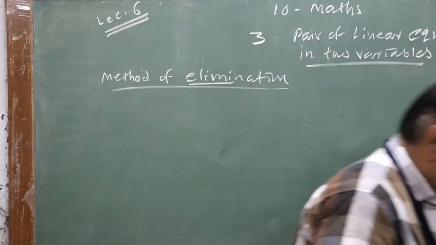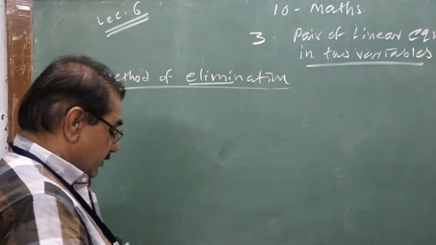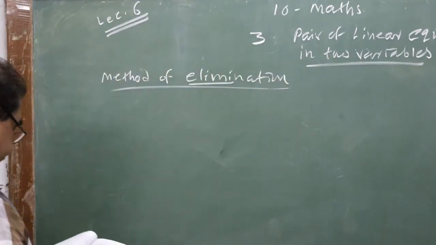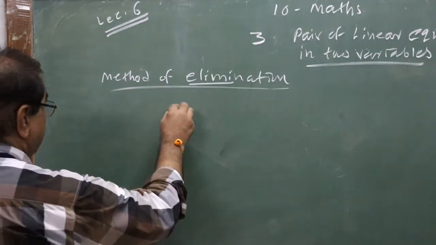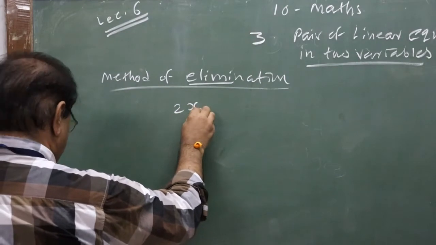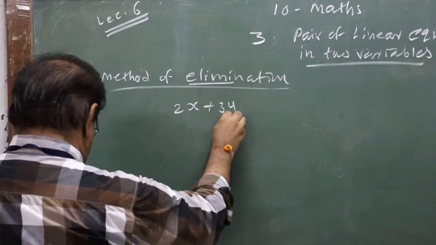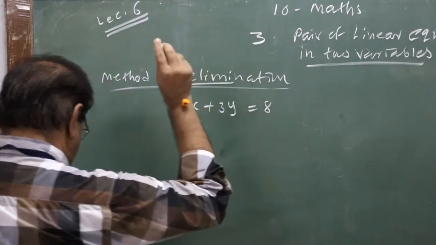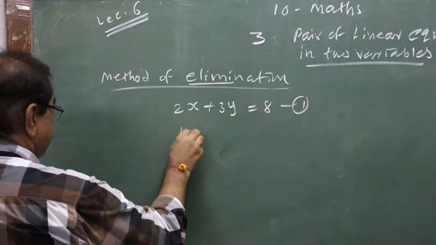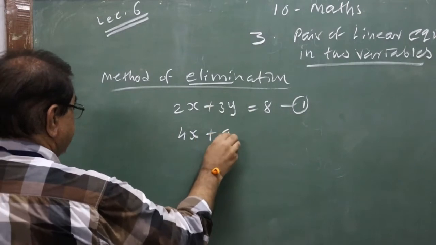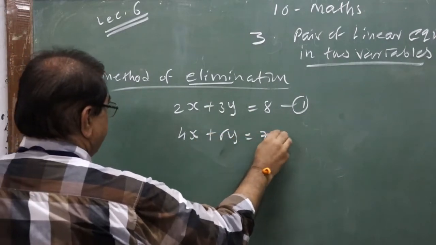We start with one example in your textbook. Example 12, page number 55. 2x plus 3y is equal to 8. It is equation number 1. 4x plus 6y is equal to 7.